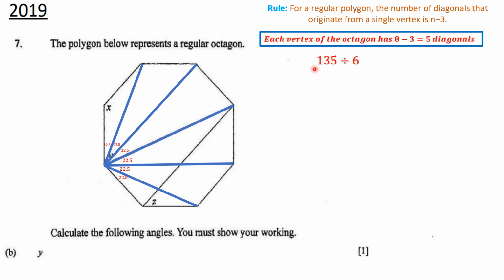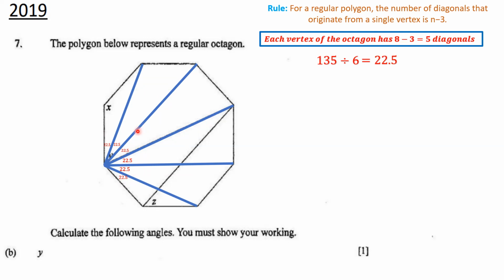So 135 divided by 6, because we need to split it into 6 equal sections. This whole thing is an interior angle equal to 135, but we need to split it into 6 even portions. And if we do that, we get 22.5.